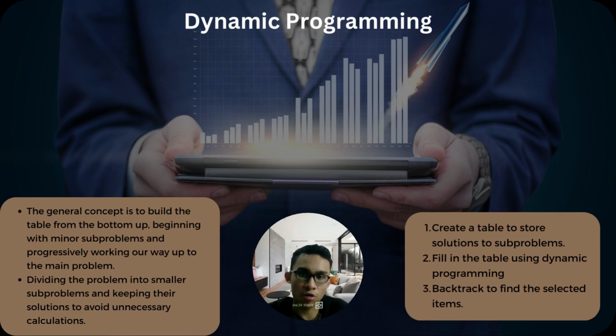First, dynamic programming works by creating a table to store solutions to sub-problems. The next step is filling in the table using dynamic programming, which will be stated in the next slide. And the last one is backtracking to find the selected items.